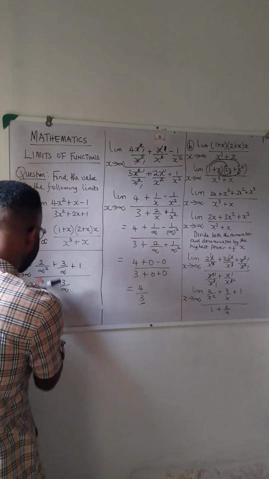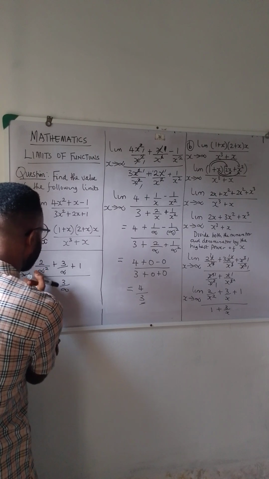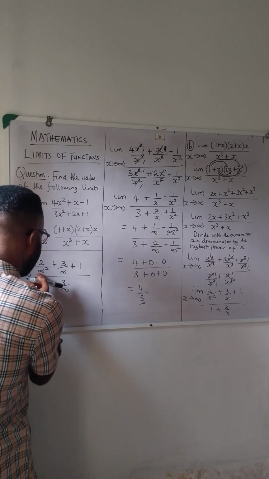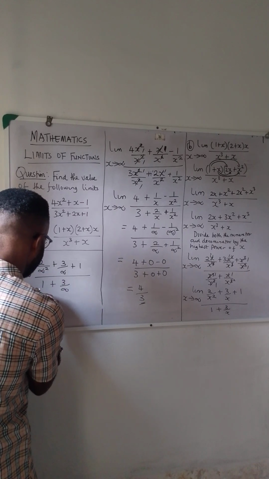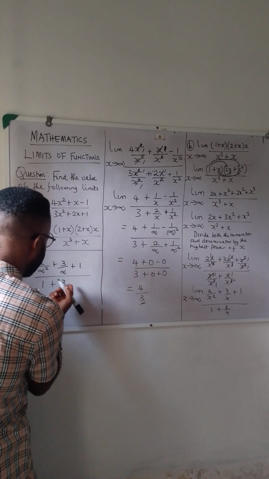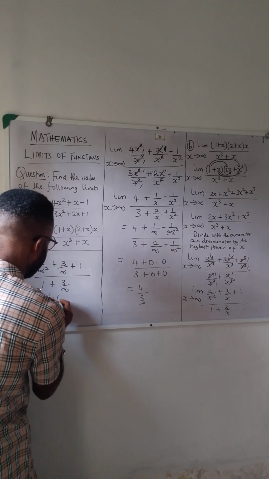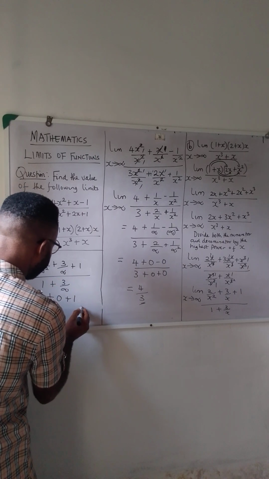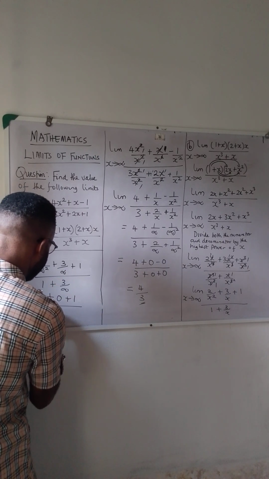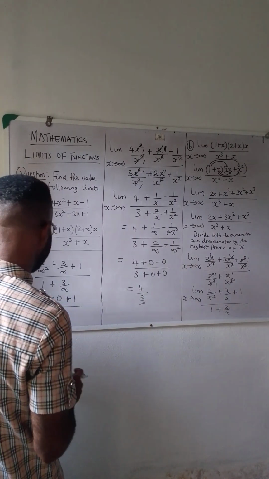So if we want to solve this, this is 2 divided by infinity squared. The bottom is heavier than the top, so it will be 0. Then the same thing applies here: 3 divided by infinity will be 0 because it is bottom heavy, plus 1, then 3 divided by infinity still will be 0.